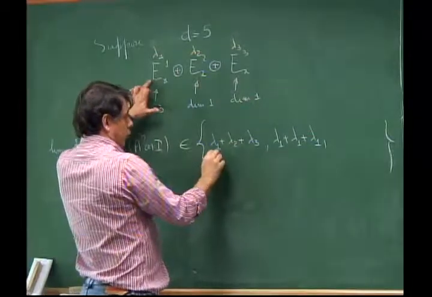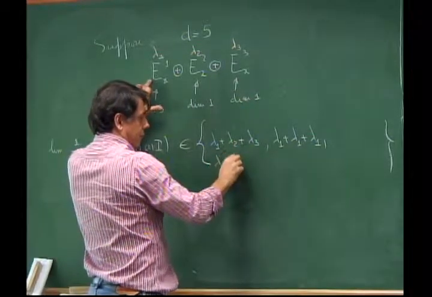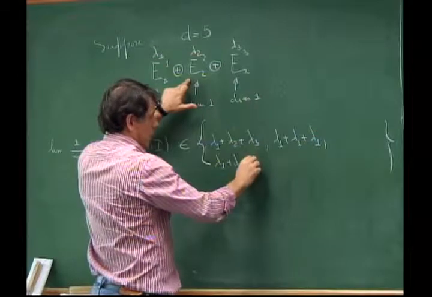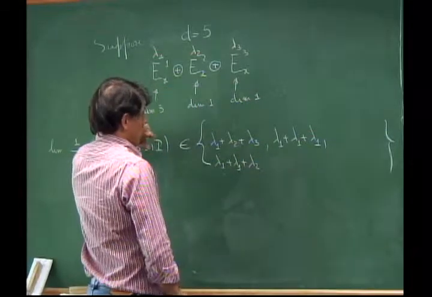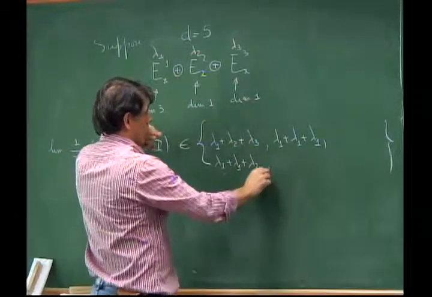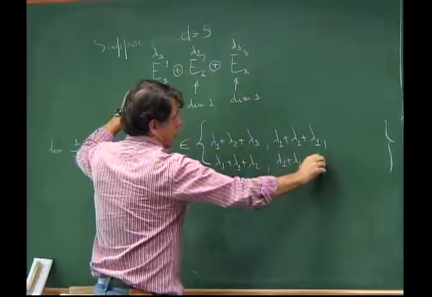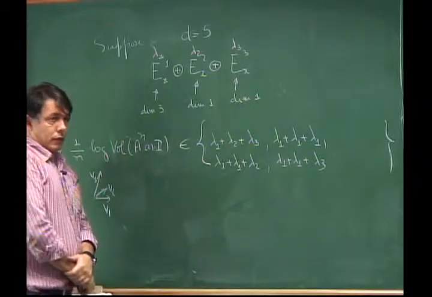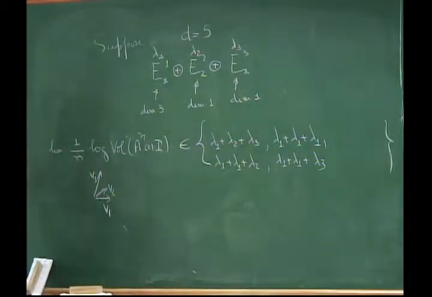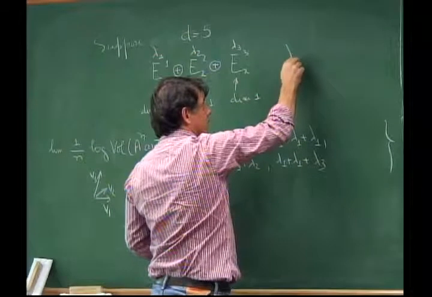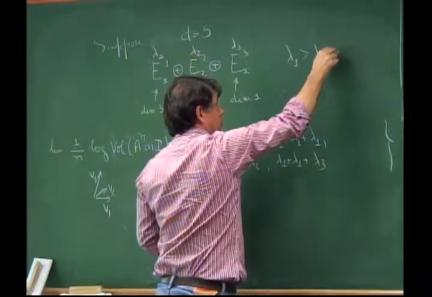I could put two of them here and another one here, or two of them here and the other one there. And that's it, right? Lambda 1 bigger than lambda 2, bigger than lambda 3.